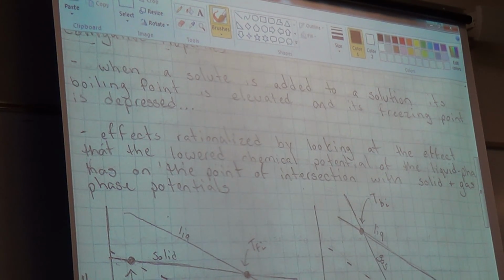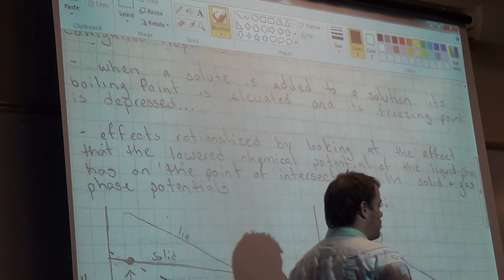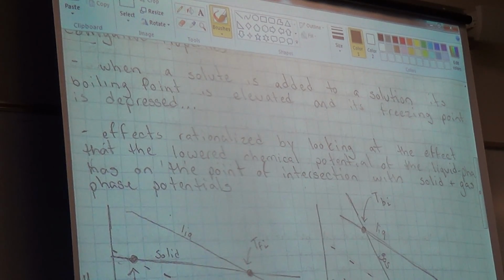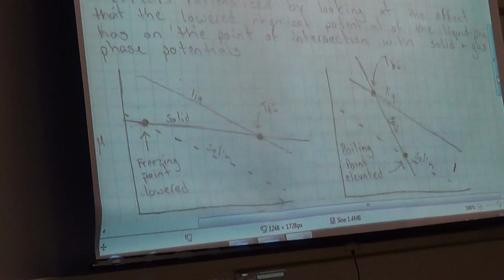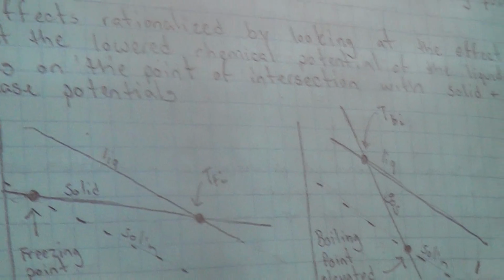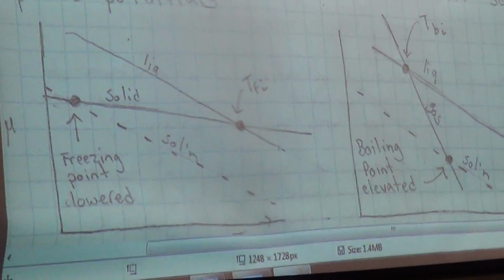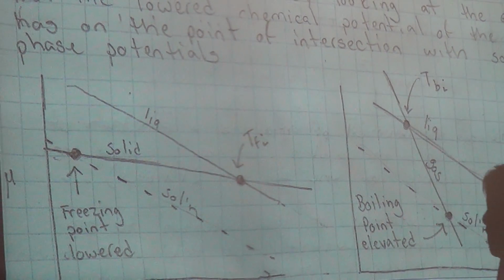So let's look at a similar set of graphs, and right now what we're trying to home in on is the effect that changing the chemical potential of the solute or the solvent has on the boiling point and the freezing point.